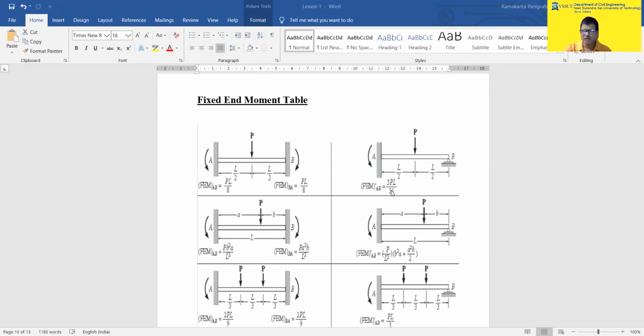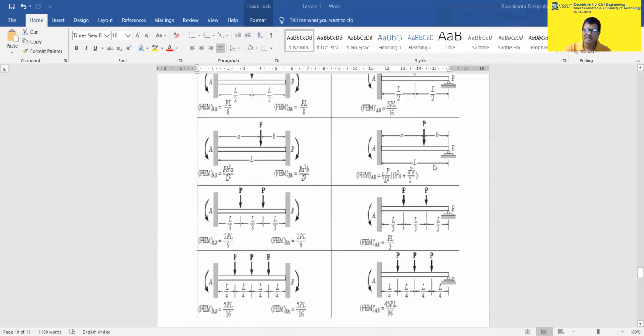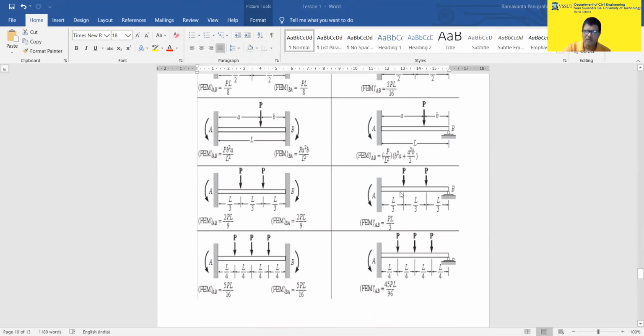And here it will be 3PL by 16 if it is a propped cantilever. If the load is at distances A and B, the values will be different: P B square A by L square, P A square B by L square. So for different types of loadings, the fixed end moments are given here.